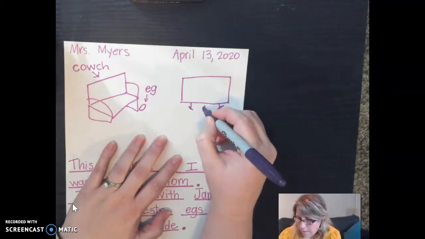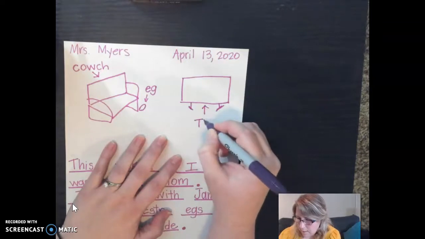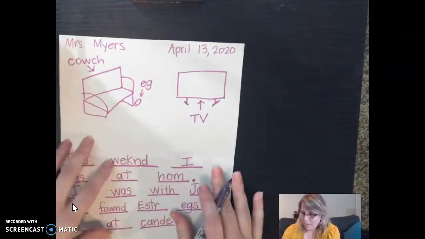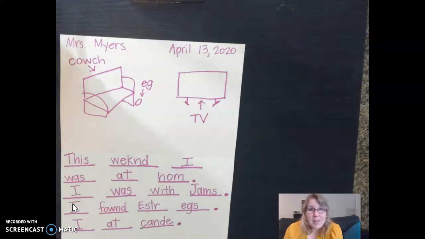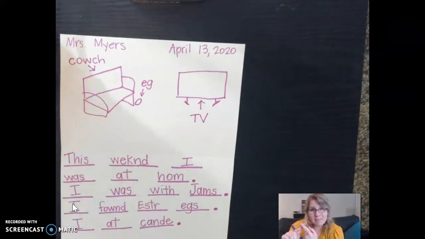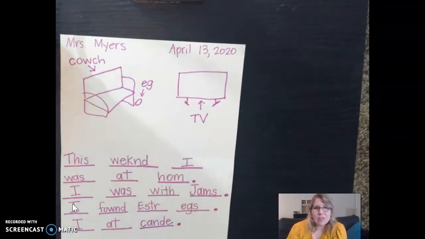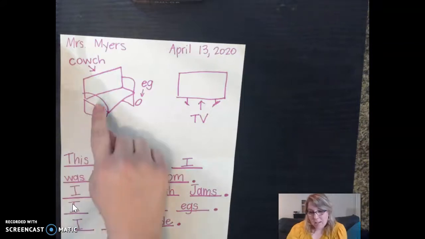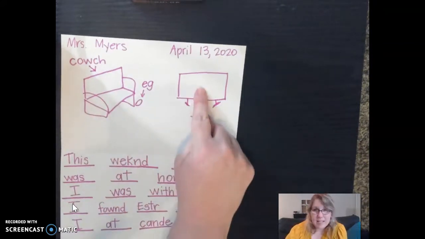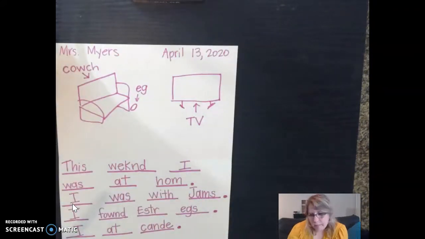And I'm going to label it TV. Now this is not the only thing that's in my living room. My picture talks about me and it talks about James. So I'm going to add me and James into the picture later. I also am going to color my couch, color my TV, add some more details of my living room.